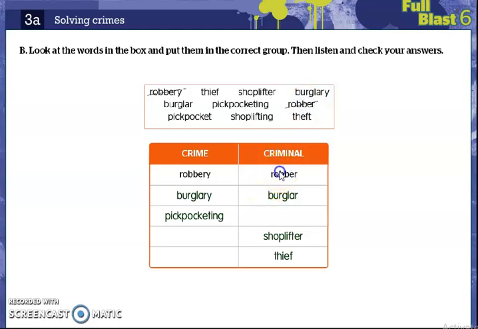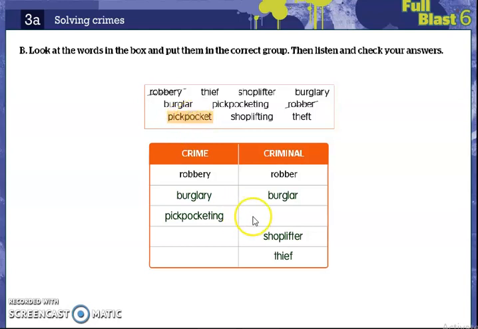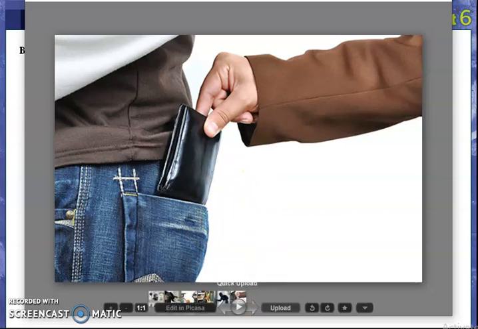Then robber is a person that takes something that doesn't belong to him from a person or a place. Then pickpocket, he's a criminal. Then pickpocket, as we said, is somebody who steals money, wallets from other people's pockets.